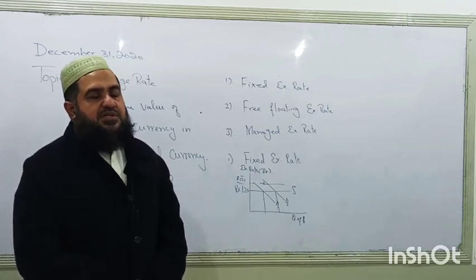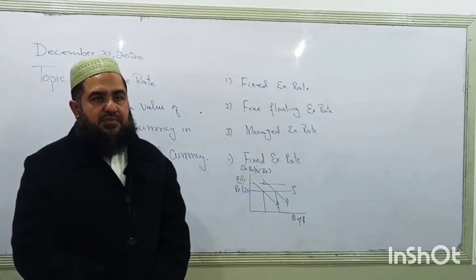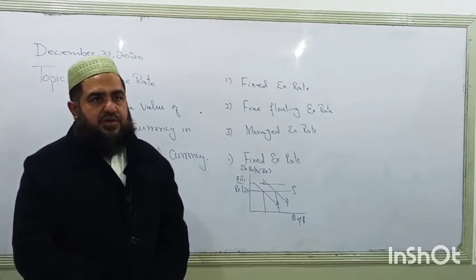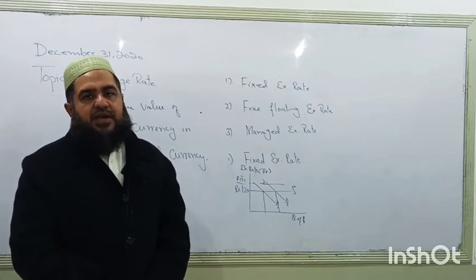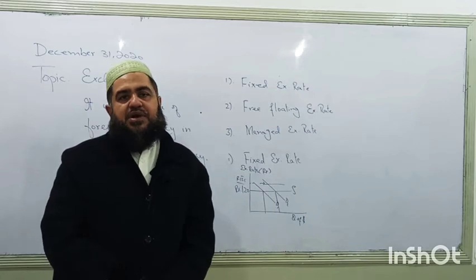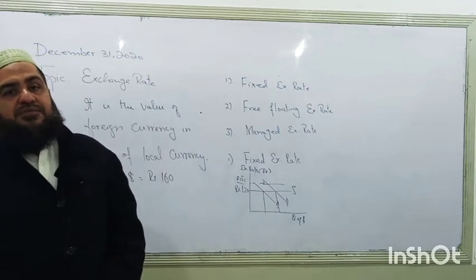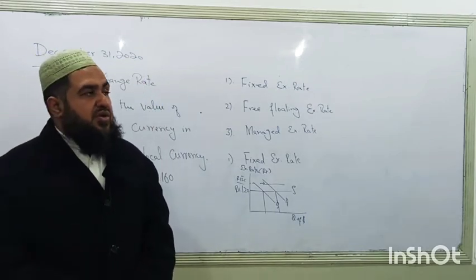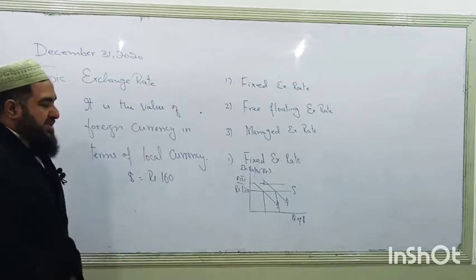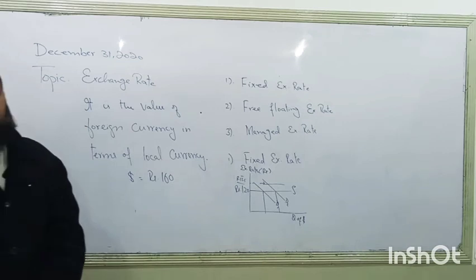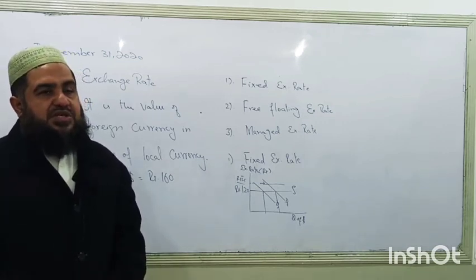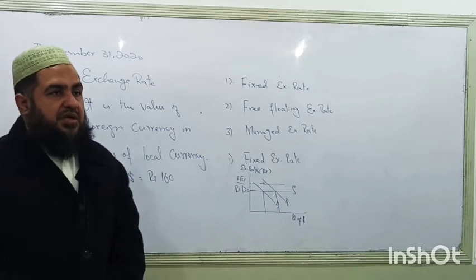Sometimes there are massive reserves available, like in China, where they have more reserves of dollars. So they can keep the value fixed very easily, or they can even revalue their exchange rate because they have massive reserves. So this requires massive maintenance of foreign currency reserves in order to keep the fixed exchange rate regime in their government.